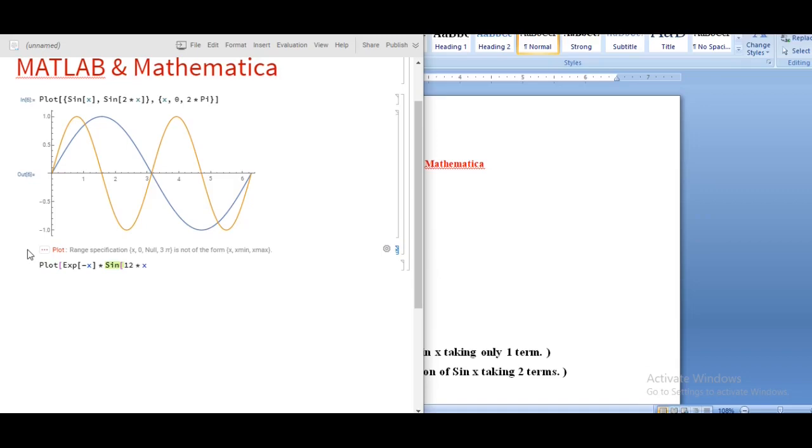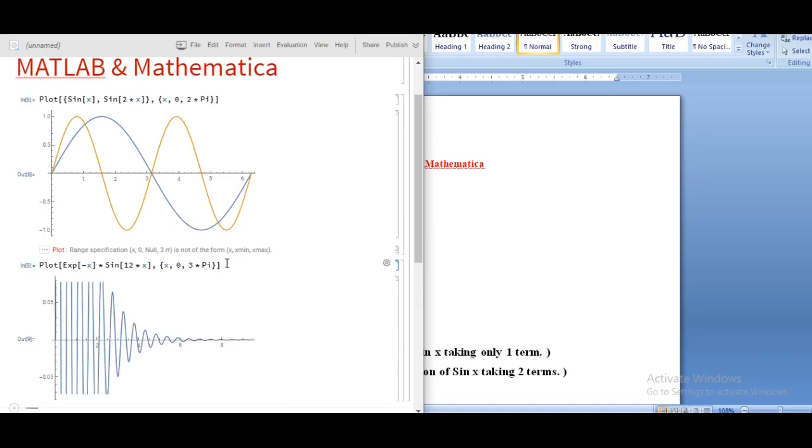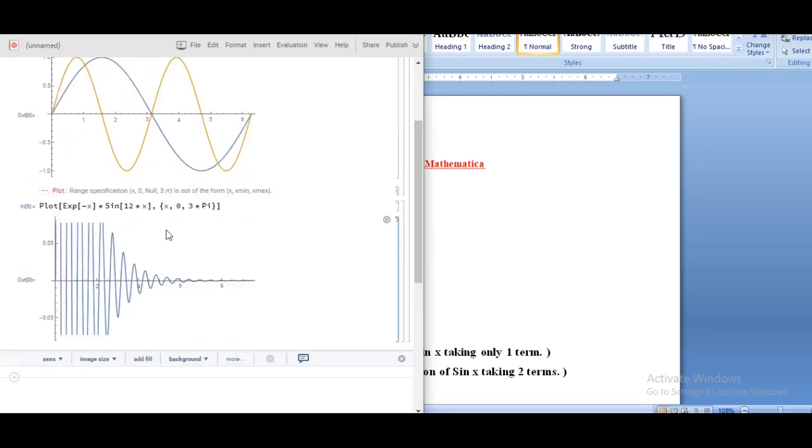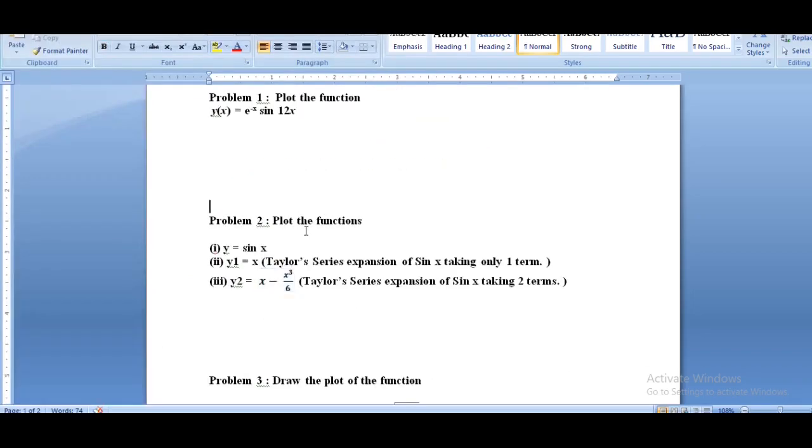So this is the function, and then we will write that x will lie from 0 to, suppose, 3 pi, 3 into pi. Okay, so Plot exponential minus x sine 12 into x, so let's run it. Okay, so this is the graph we are getting.